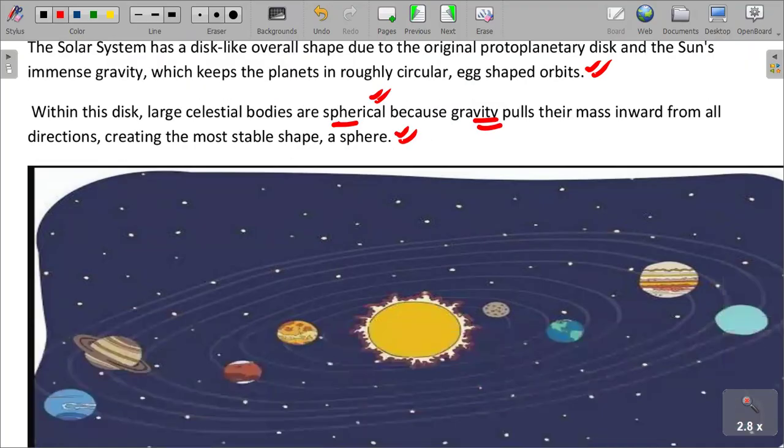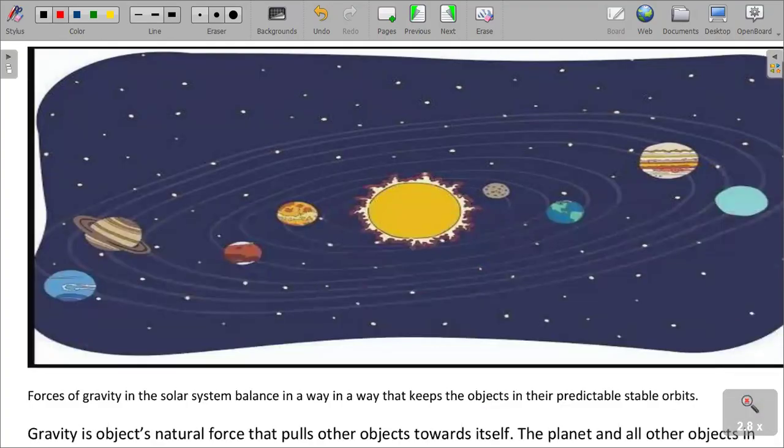What we see here is a typical representation of the forces of gravity in the solar system, balanced in a way that keeps the objects in their predictable positions.